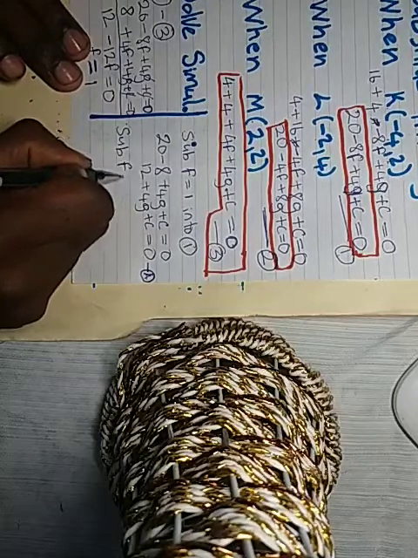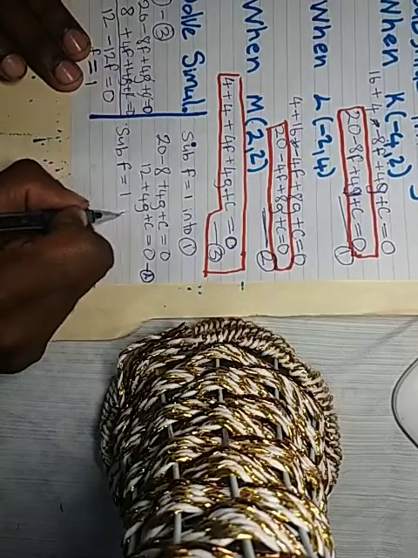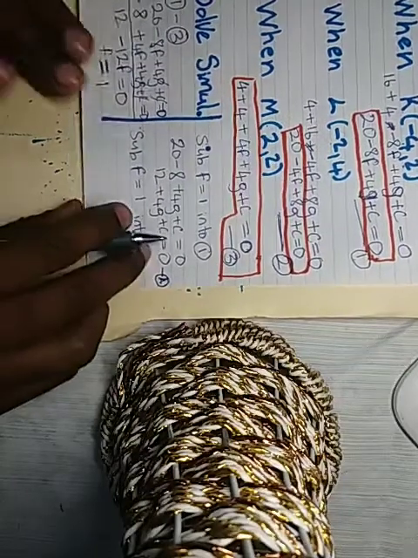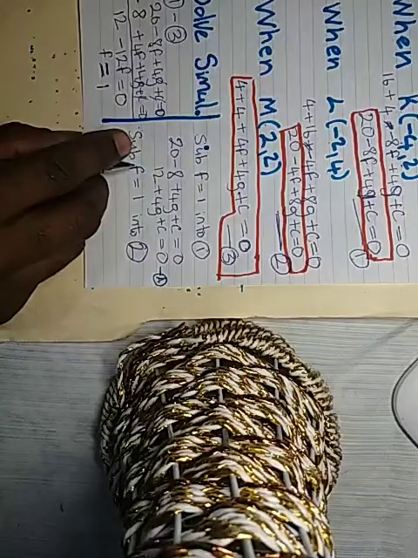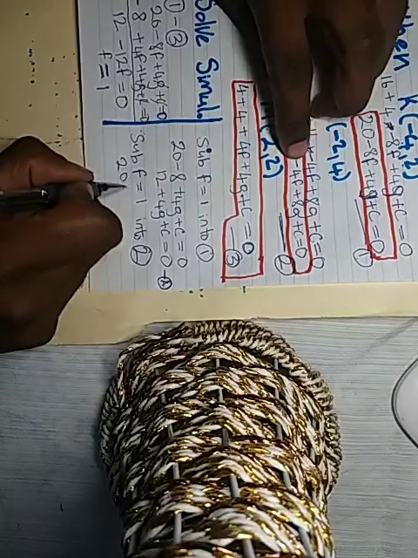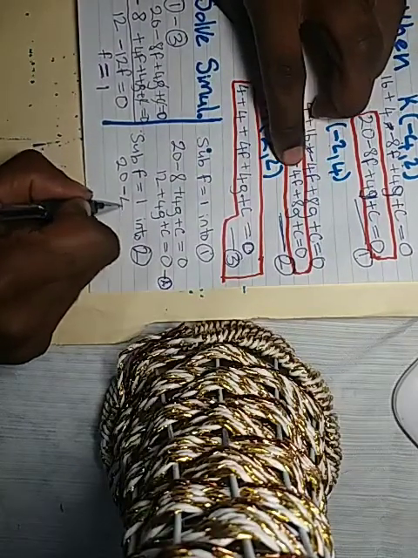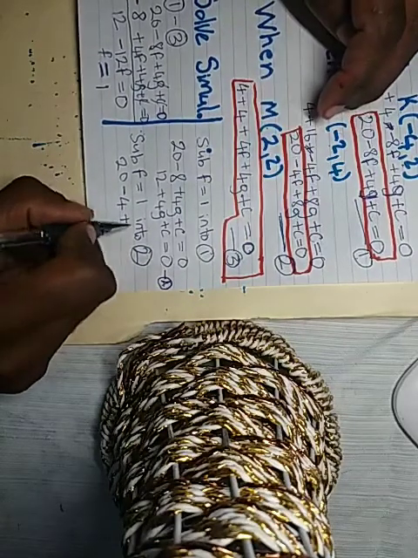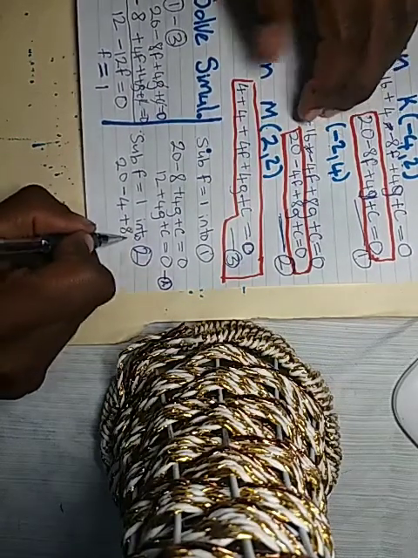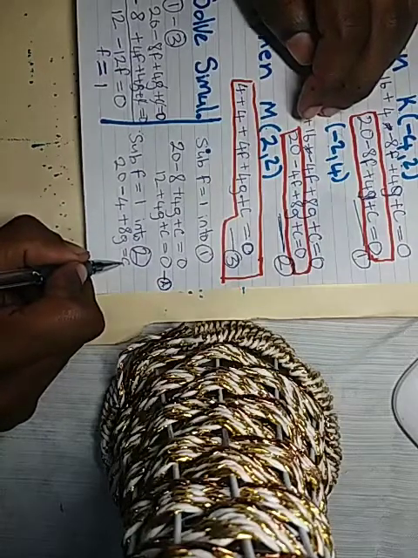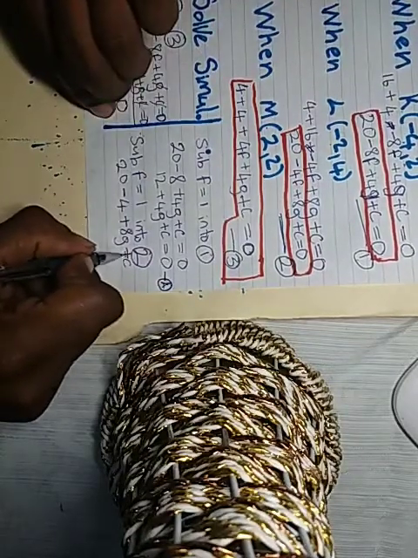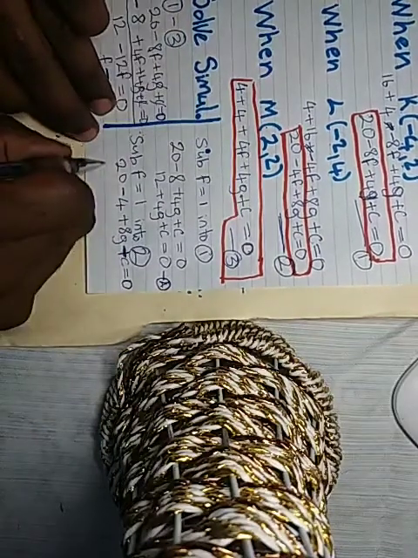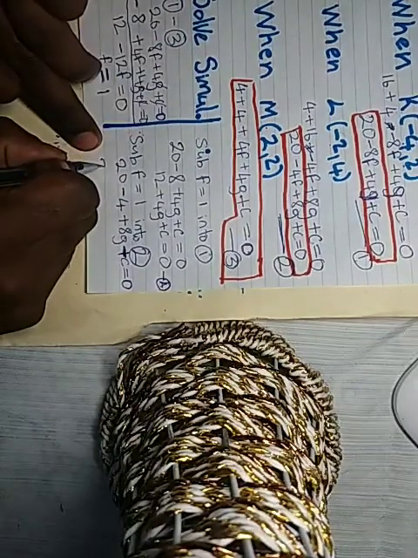So now we are going to substitute f equal to 1 into equation 2. Equation 2 says that 20 minus 4f, 4 times 1 is just 4, plus 8g plus c is equal to 0.